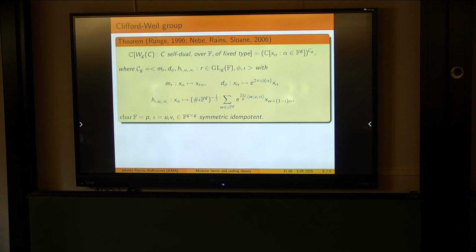This Clifford-Weil group depends on a type of the code that here we fix, but in any case is generated by elements of three types.